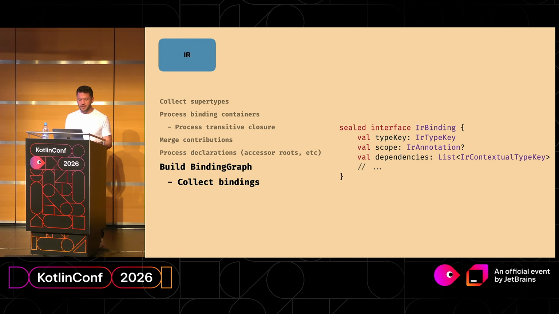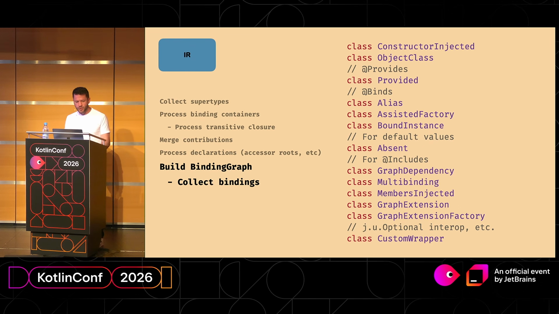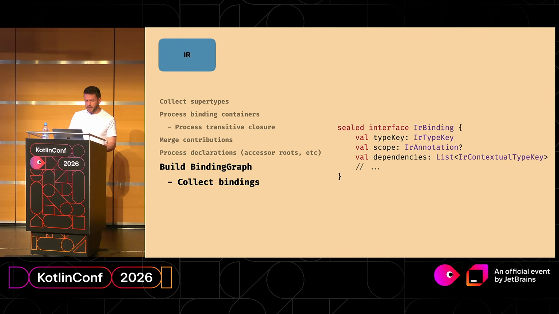Bindings are represented through this sealed IR binding structure, and all of these basically map onto different concepts that you have when writing your dependency graphs. Some of these, you know, they have different attributes. So some can be scoped, some can't. Some have dependencies, some don't. Some can have extra data, like, you know, other annotations with them. The underlying graph data structure itself, though, just speaks this binding type.